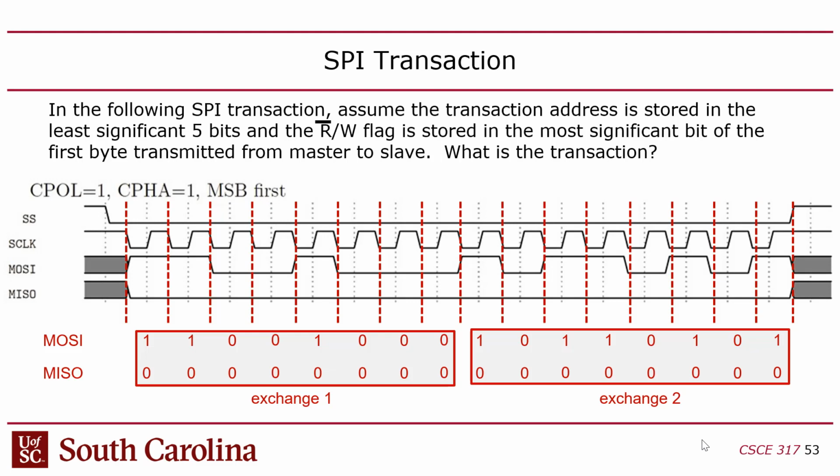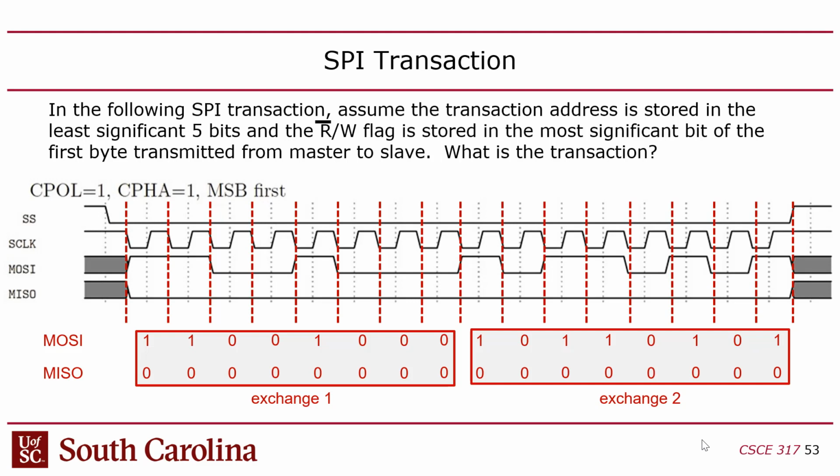The first thing that happens is the slave select drops, and then the clock drops, a falling edge from high to low. In this case, obviously CPOL is 1 because the clock was high before the transaction began, and CPHA is 1, and you can tell that from the timing diagram, because if CPHA were 0, you would have seen SS and clock change at the same time.